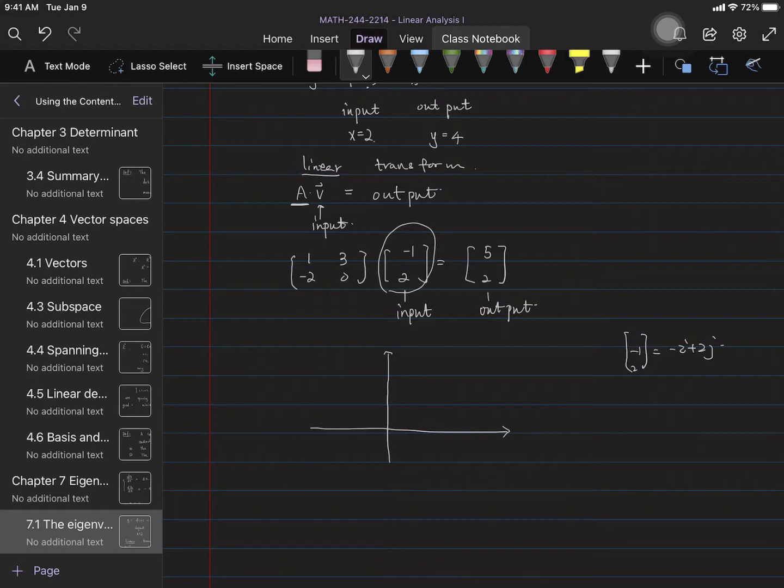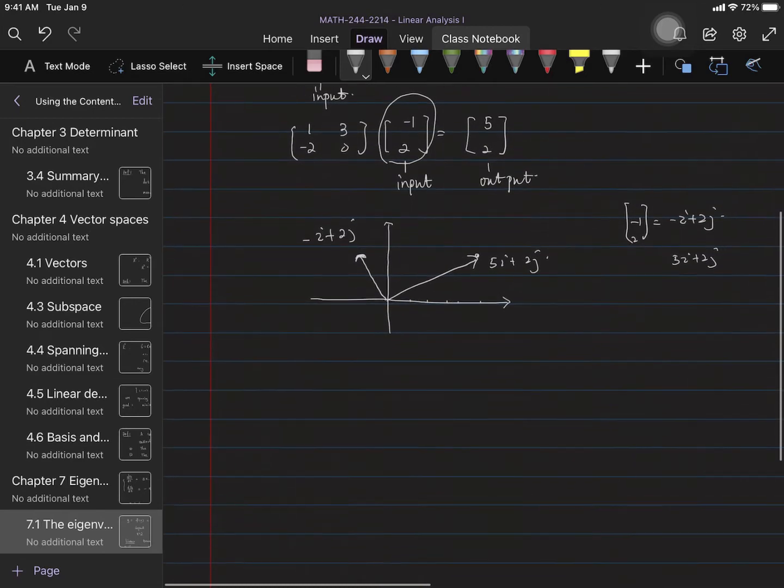So (-1, 2) should be about here. After the product, we get a vector 5i plus 2j. So 1, 2, 3, 4, 5, and the 2 is almost there. We transform a vector into another vector. It's called a linear transform.